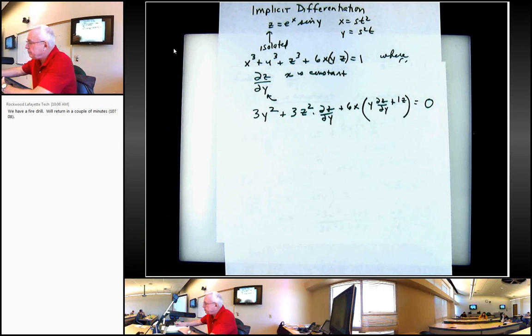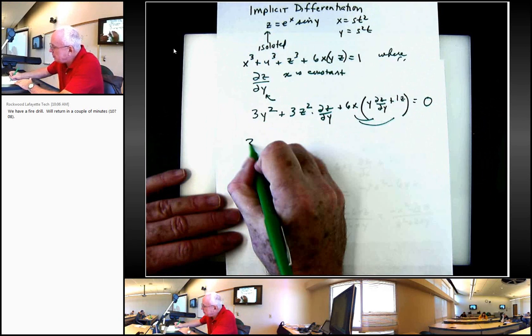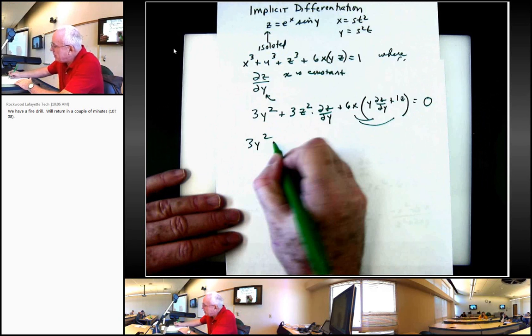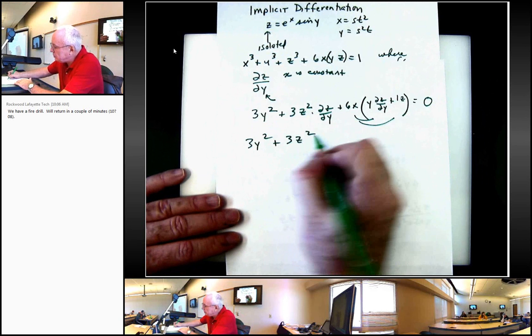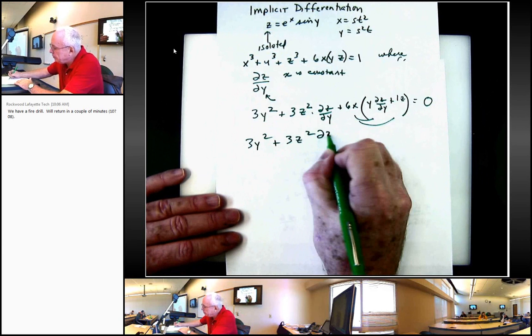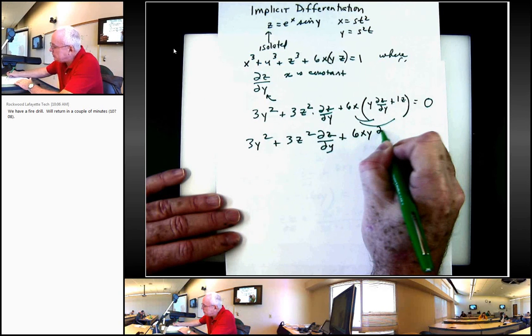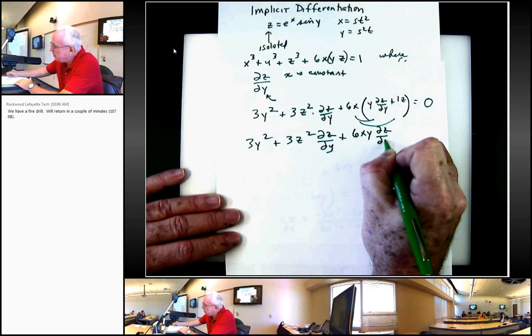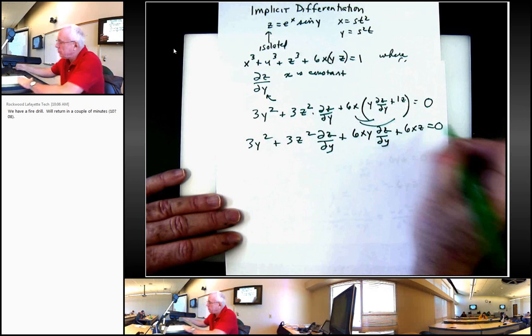All right. Then, again, I'm going to distribute and then combine the dz dy. So that's 3y squared plus 3z squared dz dy. Plus, let's distribute, 6xy dz dy plus 6x times z equals 0.